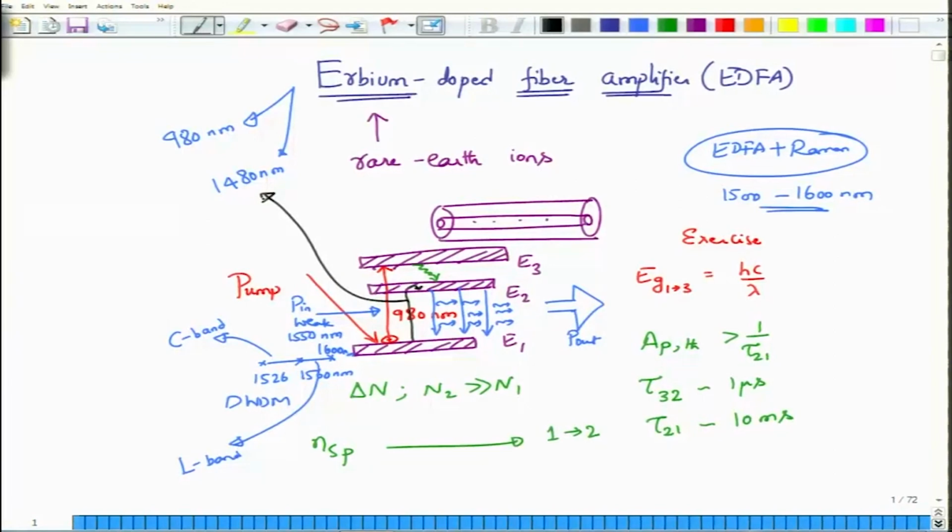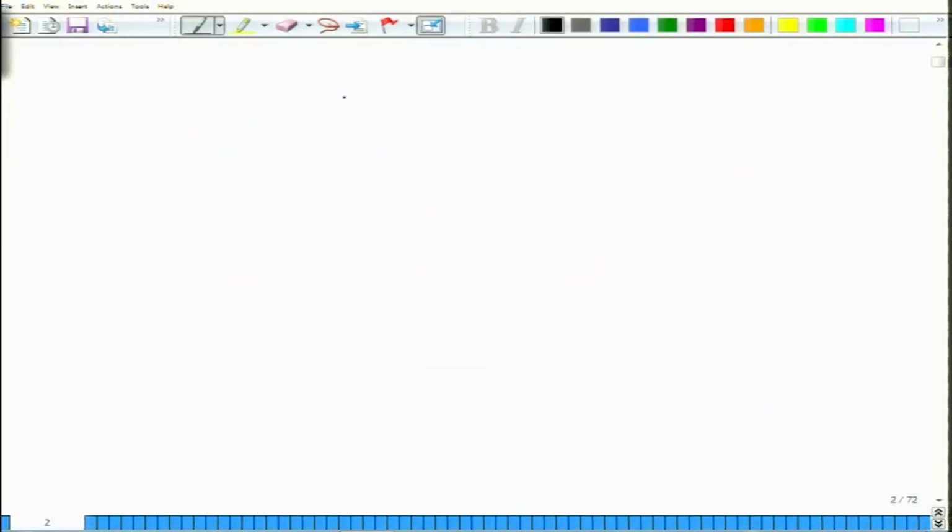So why don't we always use 1480 nanometer? Well, we do use 1480 nanometer in situations where, let us say, I have a span of fiber here, and then I have an erbium doped fiber amplifier at this position. Let us say the fiber is about 2 to 10 kilometers, but the erbium doped fiber is located here and I do not have access to this amplifier.